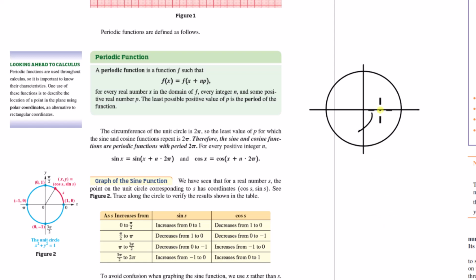Going in the negative or positive direction all the way to infinity, you're repeating every single full rotation. It starts over again, right?